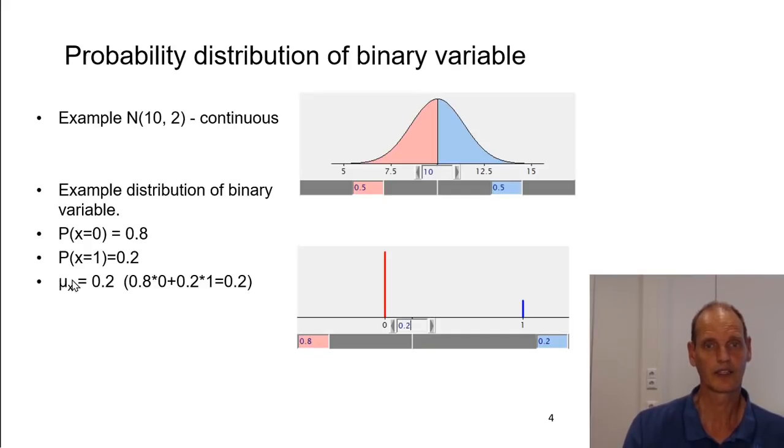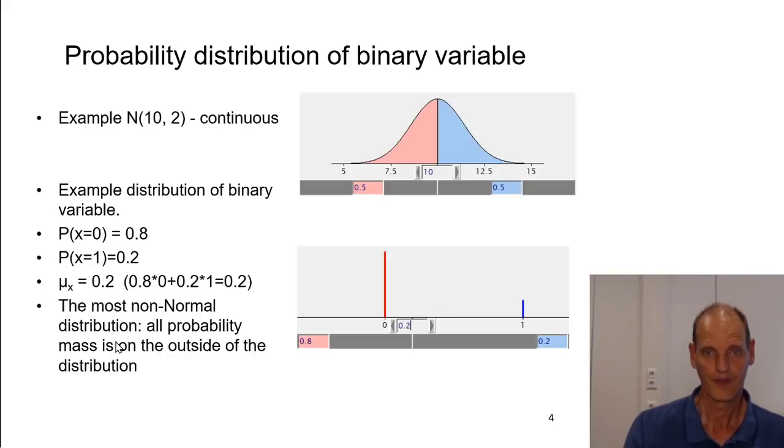We still look at the mean of a variable in the population, but that is the same, as we will see, as the proportion of successes. And you could say that this case of binary data is a case of the most non-normal distribution. All probability mass is on the outside of the distribution.